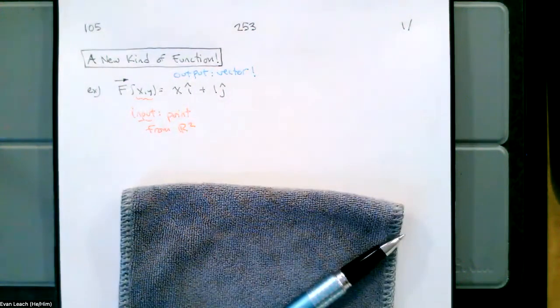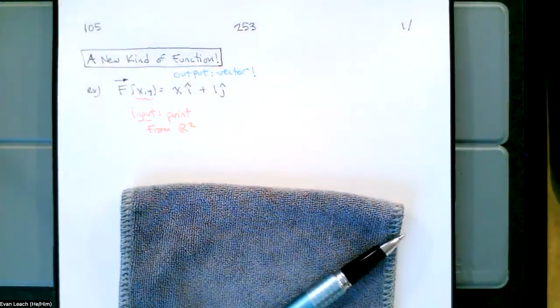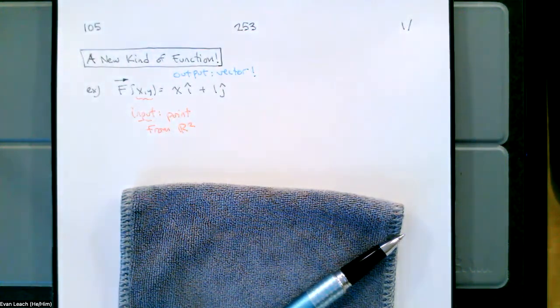So that's new. We've had functions of two variables before. We've had functions that take inputs in R2, but they have outputs that are a real number. This function is taking an input from R2, and instead of assigning a height, the way we thought about it before, we're assigning a direction to each point.